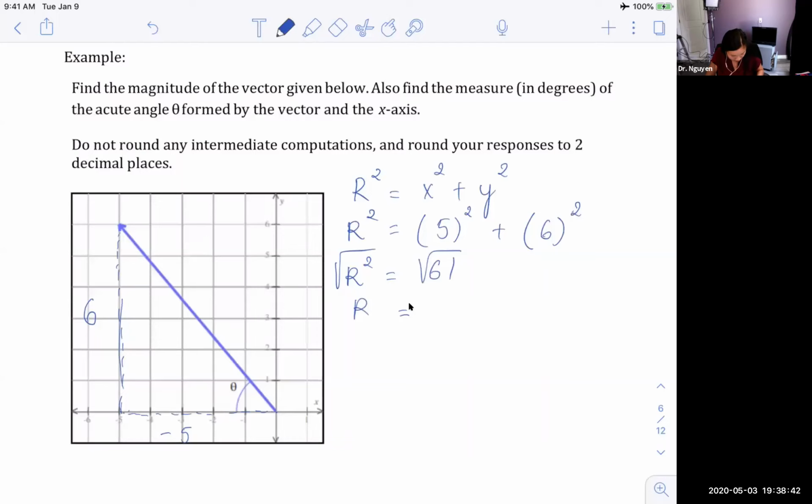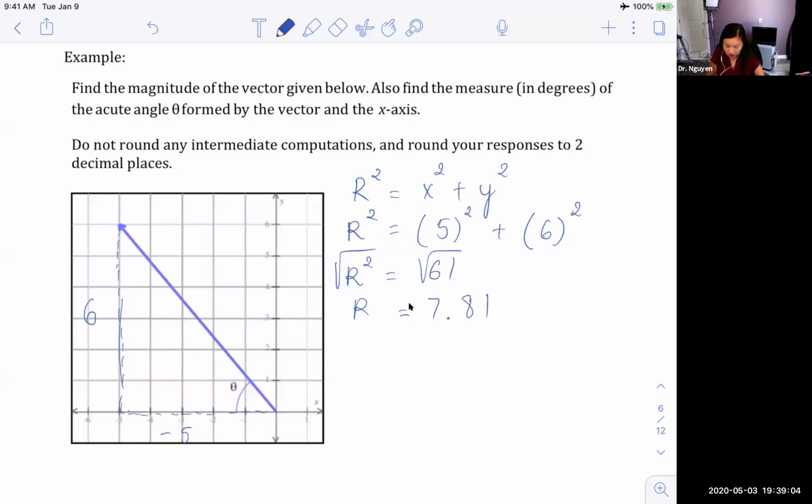I can just do an approximation, so it's about 7.81.